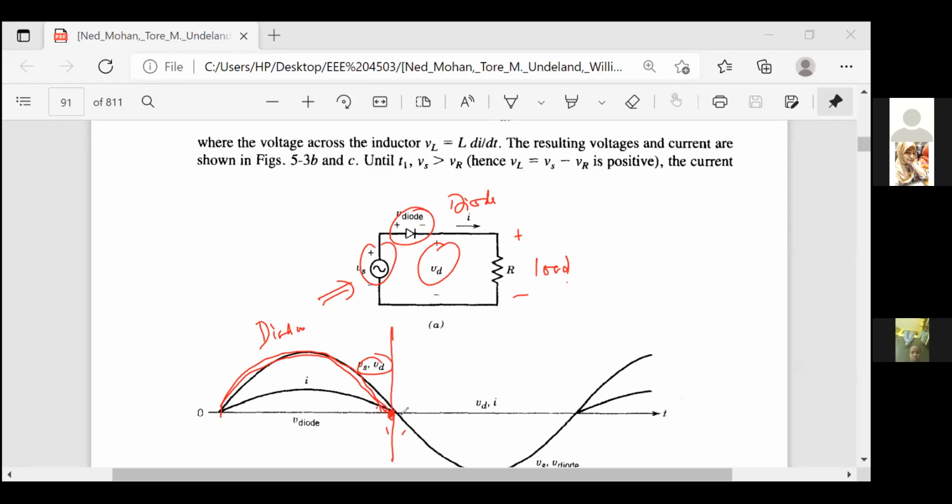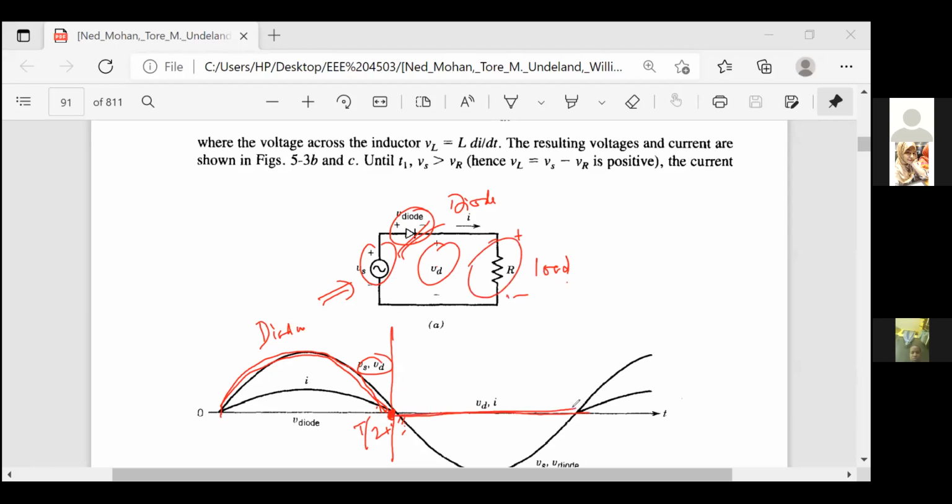To turn off any power electronic device, the condition is that the voltage must be zero as well as the current must be 0. So at T equal to T by 2, the half cycle, the current is 0. Then of course the diode will be off and there will be no current, so we will not get any voltage here.